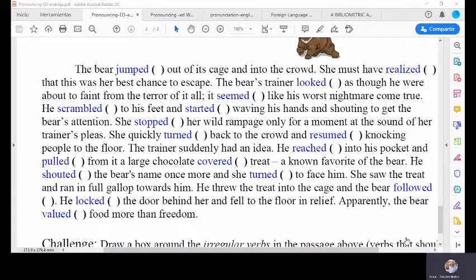It seemed like its worst nightmare come true. He scrambled to his feet and started waving his hands and shouting to get the bear's attention. She stopped her wild rampage only for a moment at the sound of her trainer's pleas.